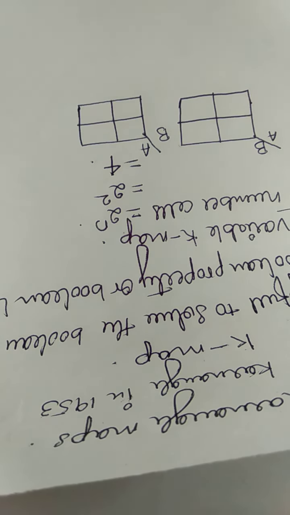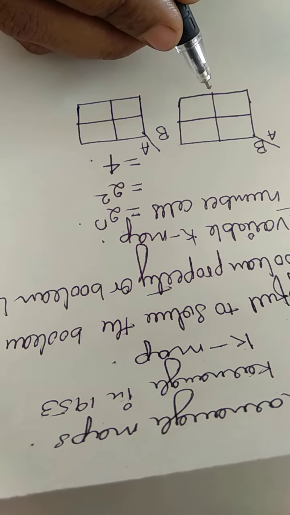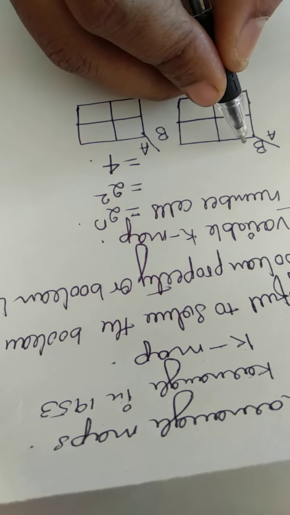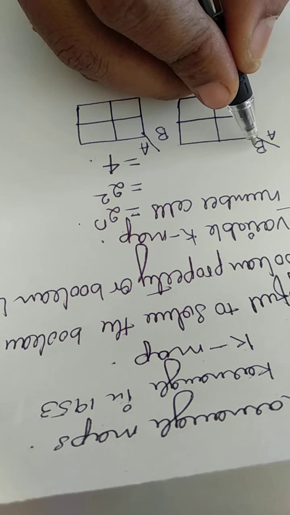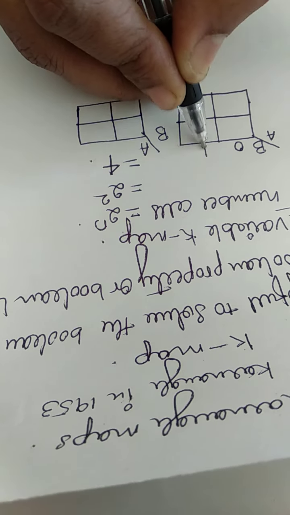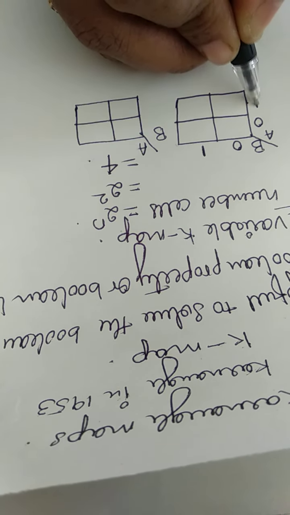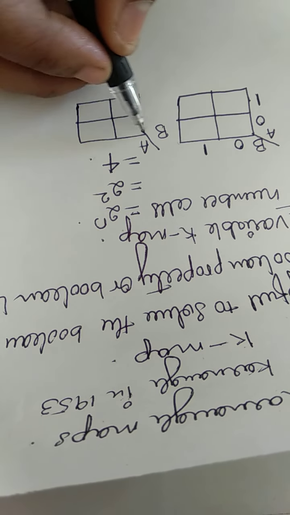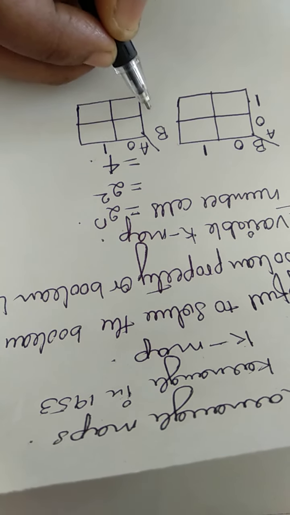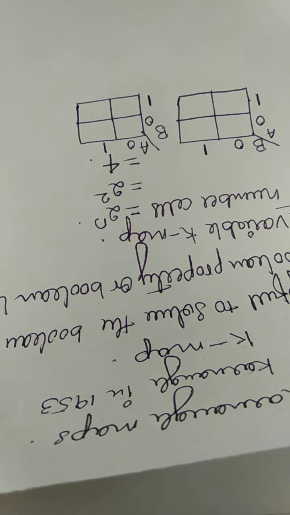Then the combination of variables: a cell is nothing but a combination of variables. So here B is one variable, that is 0 or 1. Same for A, that is 0 or 1. So this is the 2 variable K-map.